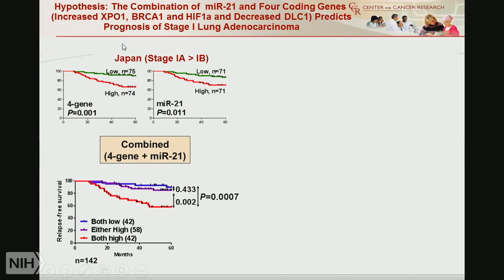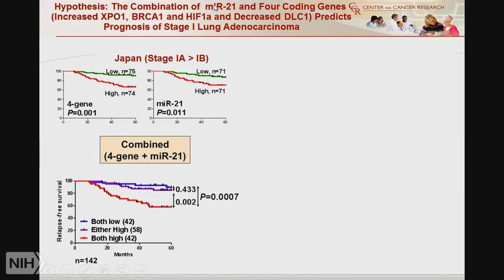Interesting. Okay, so the hypothesis is that the combination of miR-21 and four coding genes, in this case XPO1, that's involved in transport of microRNAs into the cytoplasm, BRCA1. Well, BRCA1 happens to be a tumor suppressor gene. That's true. But if it's overexpressed, it will cause genomic instability. HIF1 alpha, well, that's hypoxia, isn't it?